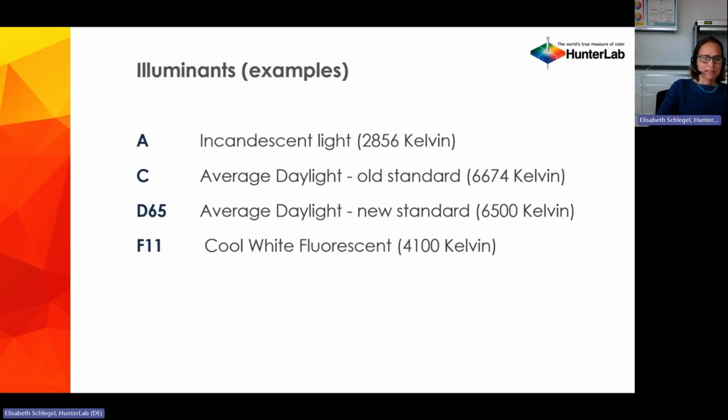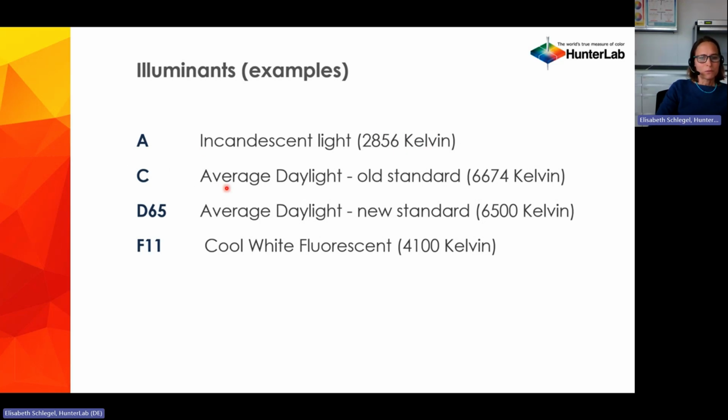And here's some examples. For example, illuminant A is incandescent light, and you can always also characterize a certain light by a certain temperature in Kelvin. So that's a black radiator at this temperature would give that light.